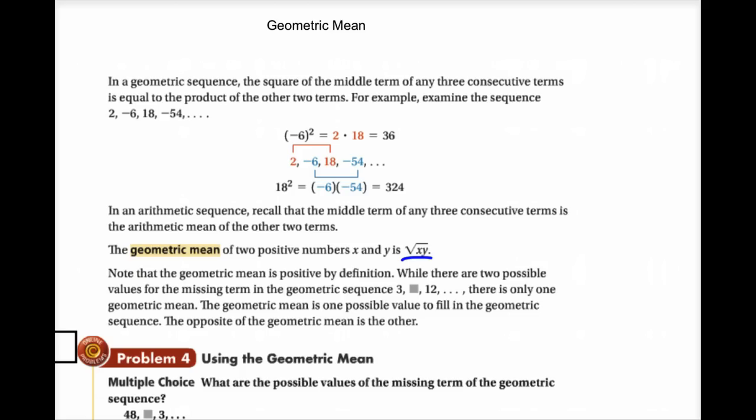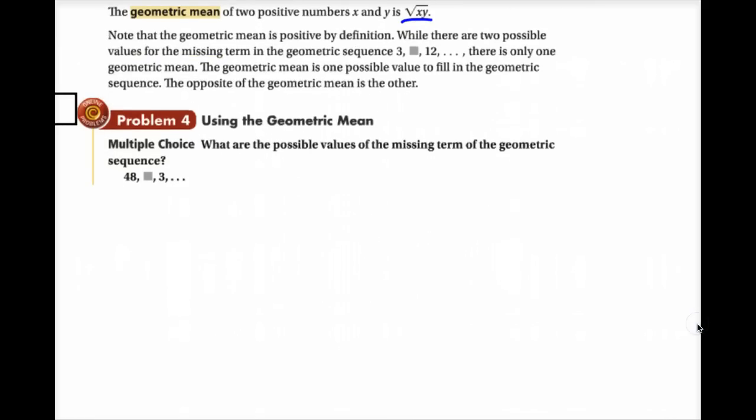Geometric mean is multiply 2 things and then square root it. So if you've got 2 terms of a geometric sequence and there's something in between them, all you need to do is take and multiply and square root it. And that tells you what that middle term could be.